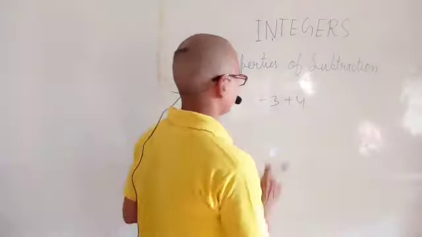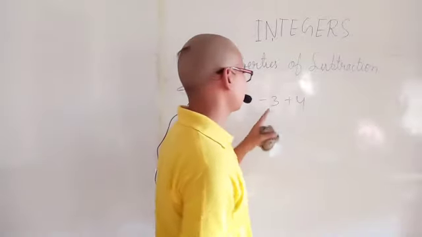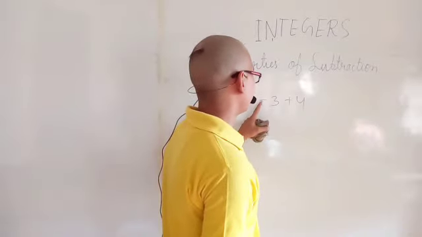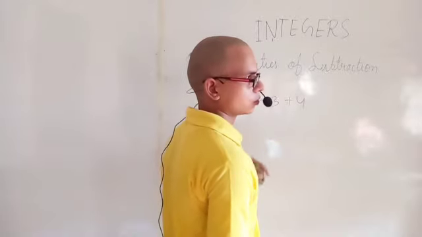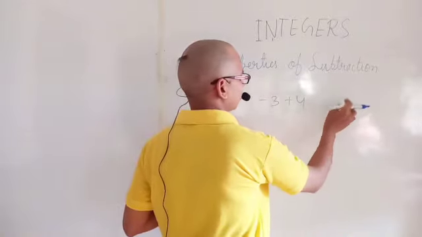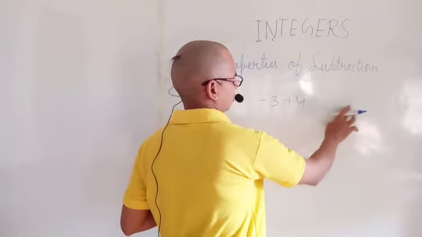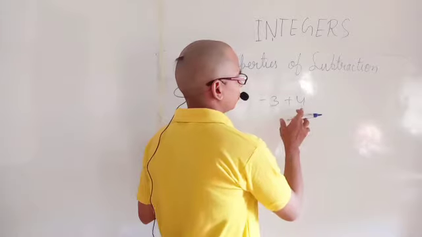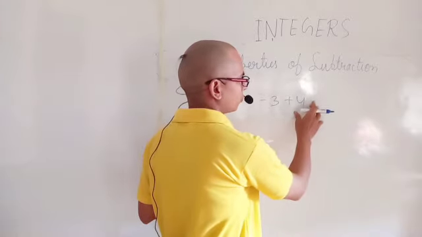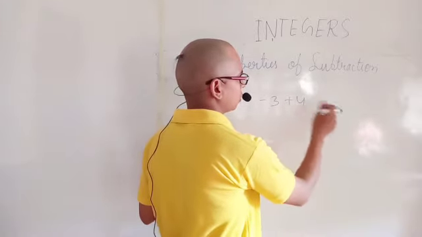Means what? 3 and 4 we have been given. In both integers we have a negative sign, so we know that subtraction will take place here, but the sign will always be of the bigger number. So we have 4 as the bigger number, that's why we get a positive sign.